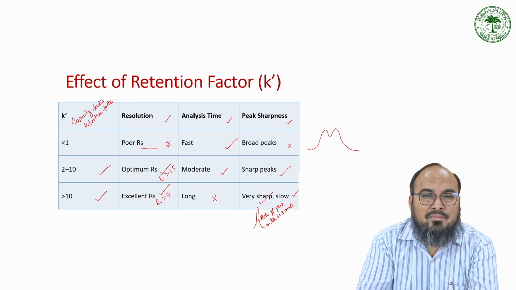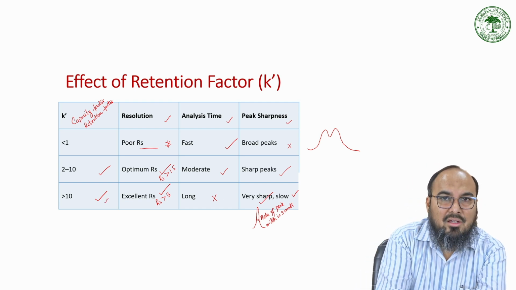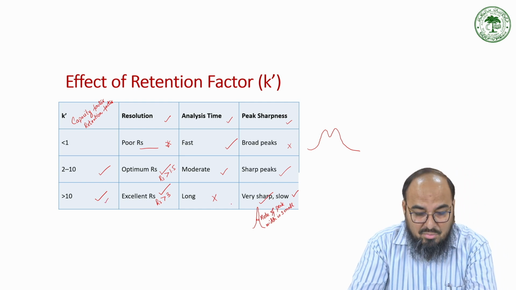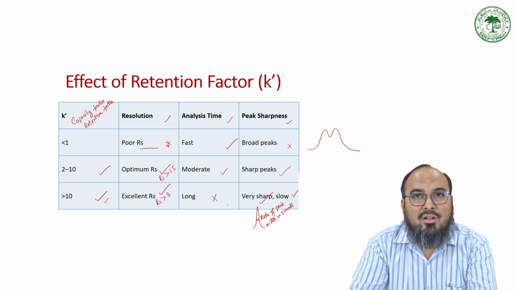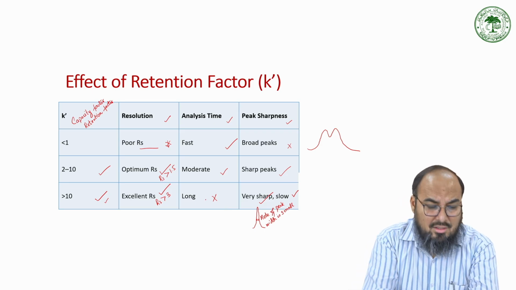So commercially you cannot use this type of thing. In the lab it's fine, but commercially you cannot afford longer times, because you have to do so many separations at the same time. So this is actually the issue with good retentions.